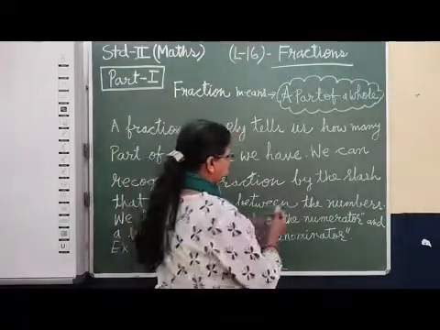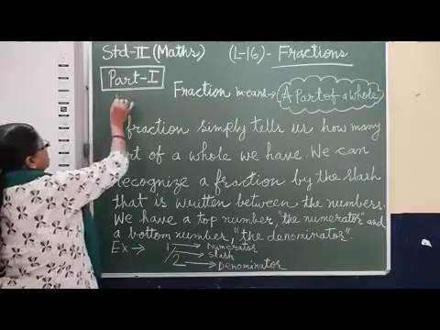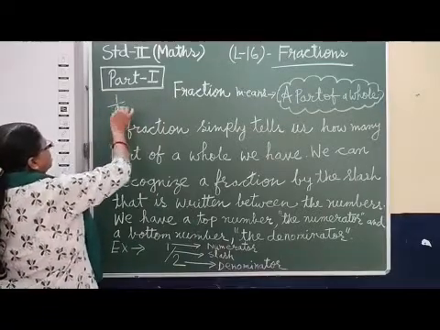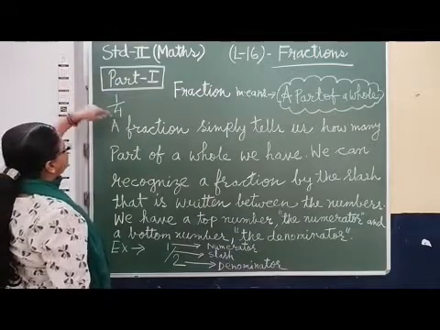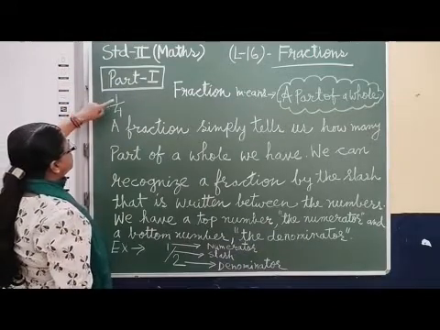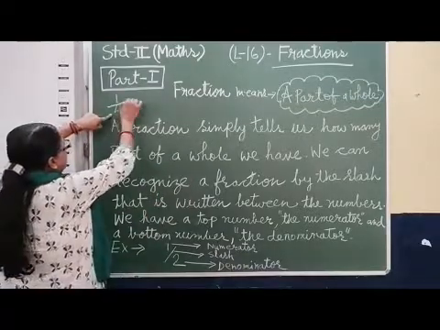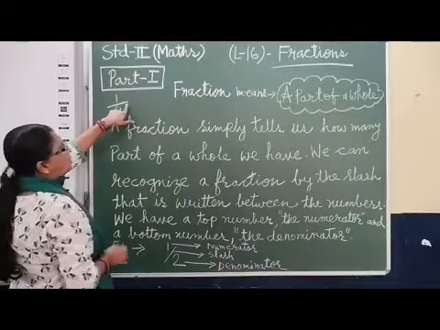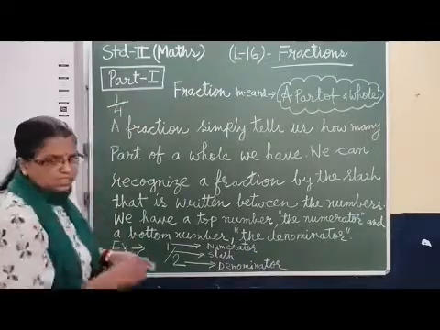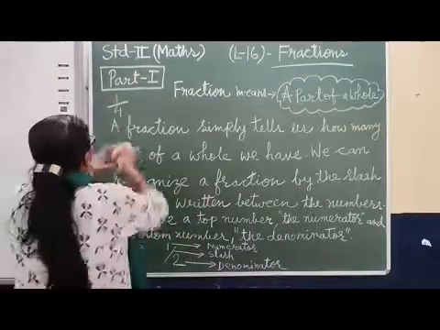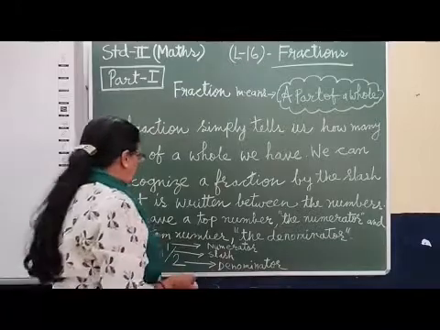Suppose I write here 1 by 4. So this is the top part or upper part. 1 is the upper one, 4 is the bottom one, and the line between them is called the slash.